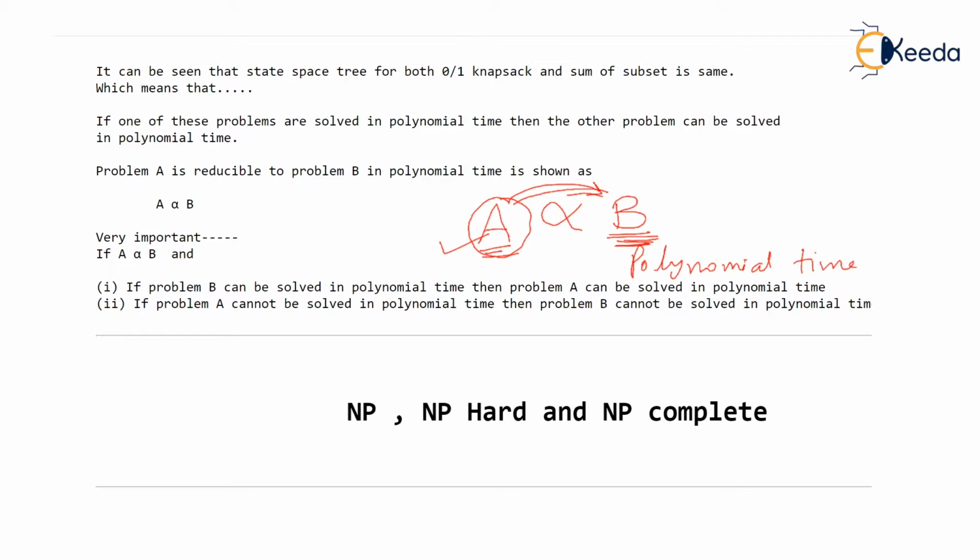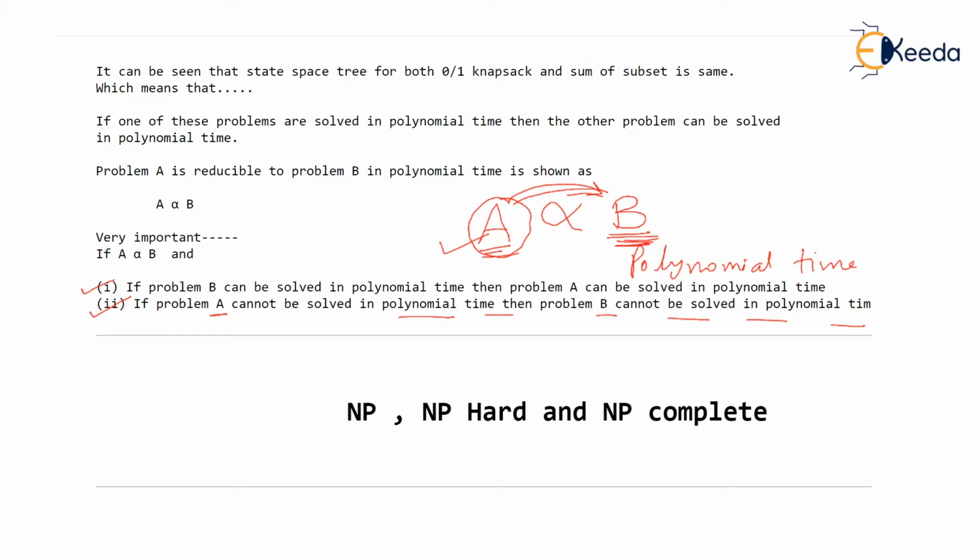Okay, so that's the first theorem. I hope you have understood. Now, the second point in this theorem is that if problem A cannot be solved in polynomial time, then problem B cannot be solved in polynomial time. Here we go.